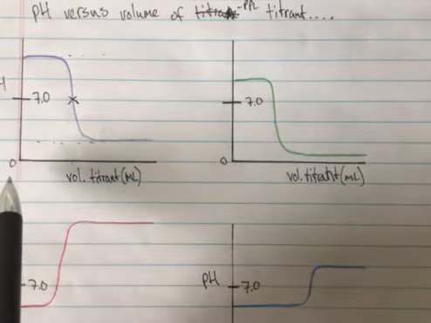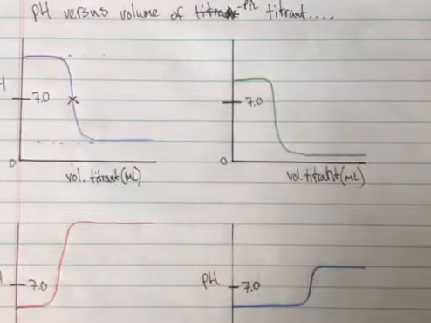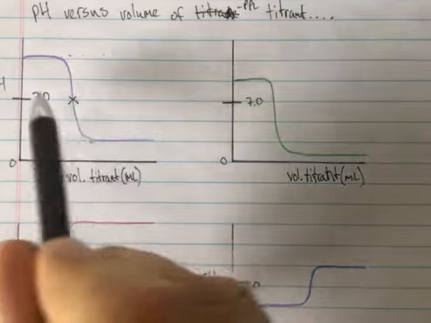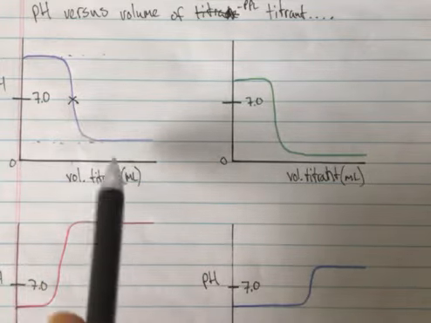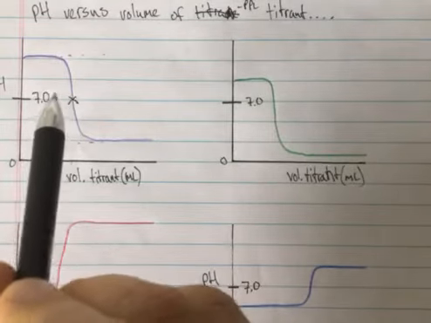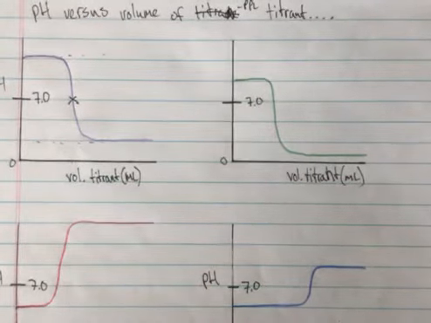Now notice we're going from 0 to increasing concentration. So we're starting at basic conditions and we're going down, as you add more titrant, into acidic conditions. So above 7.0 in magnitude, less than 7.0 in magnitude.